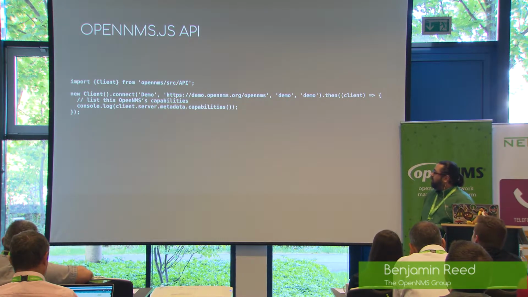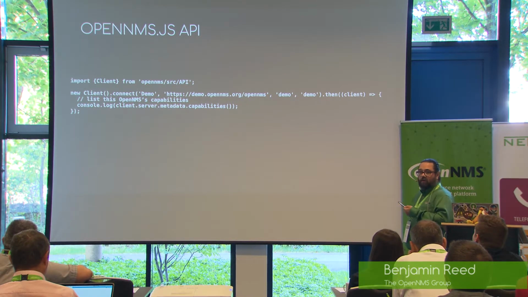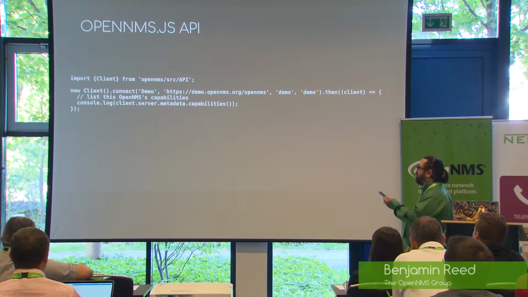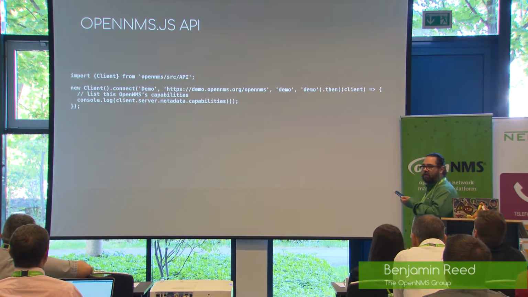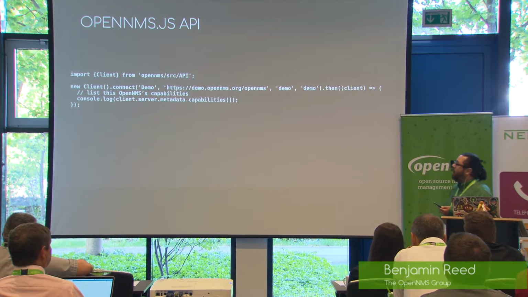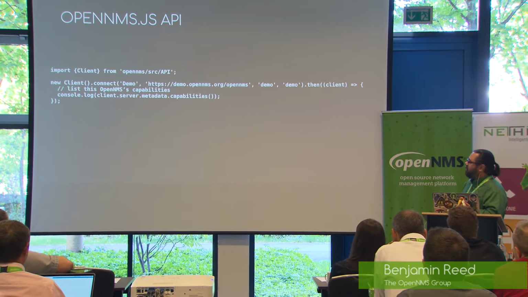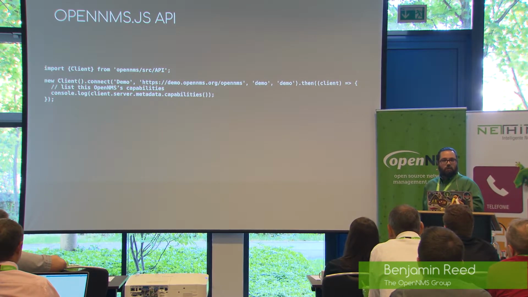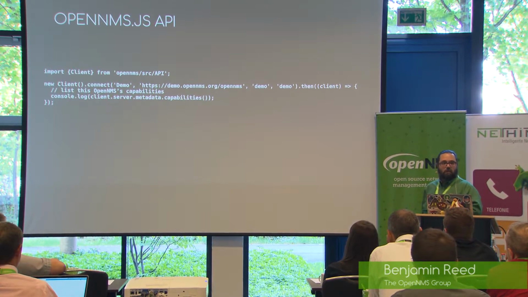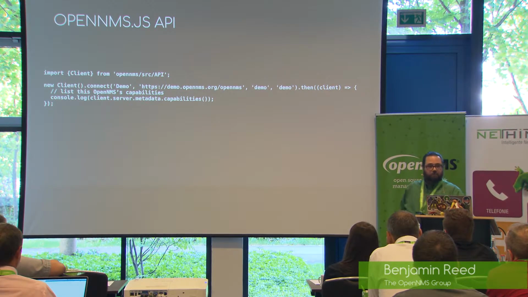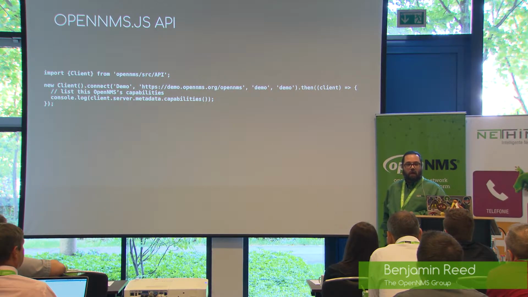The API is pretty simple if you want to do basic things. Literally, if you just want to connect and get some server data, you only need to import the client. No, actually, this is just newer JavaScript, ES6 JavaScript. And why use import and not require?